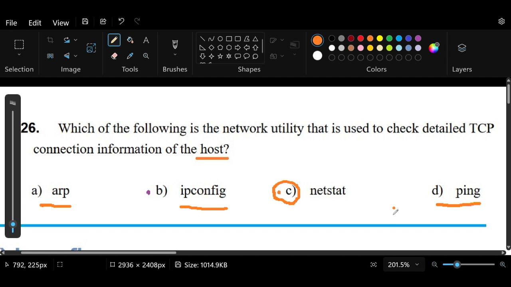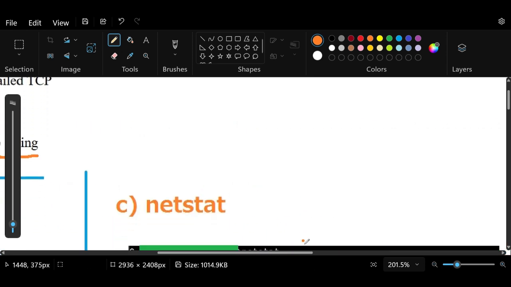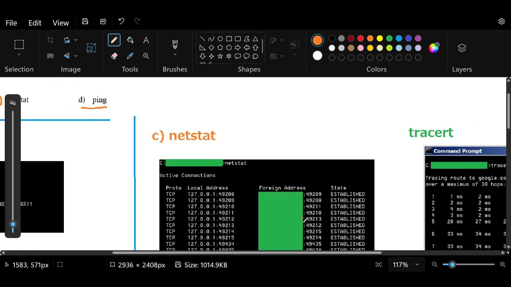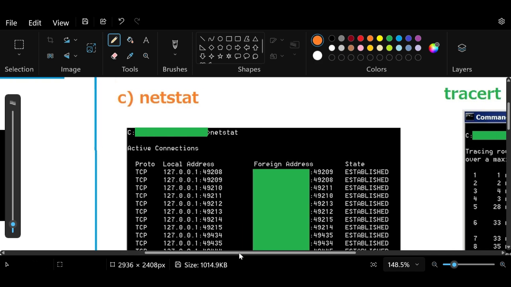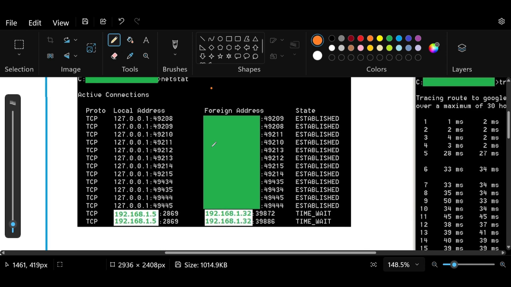I think we need to look into NetStat to understand the connection information that we are looking for. What we find is that if you enter the NetStat command, we get something like this.